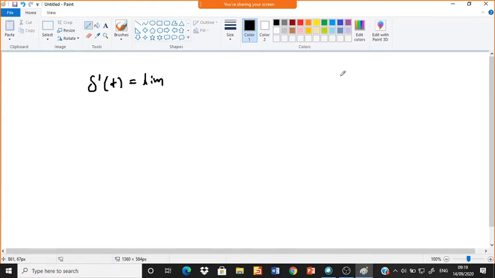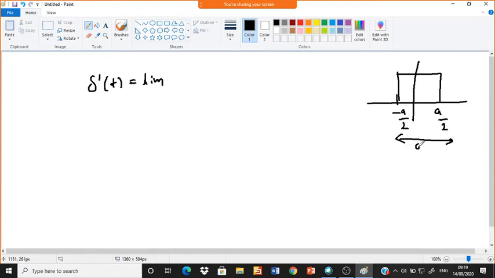As I said here, we can use the impulse function between minus a to plus a, or minus a by 2 to plus a by 2. In standard definitions this is used as epsilon, so this height we can use as epsilon. Just for understanding I put a, but in standard notation it is epsilon, so you should not be confused. So the same I am using here: epsilon tends to 0.